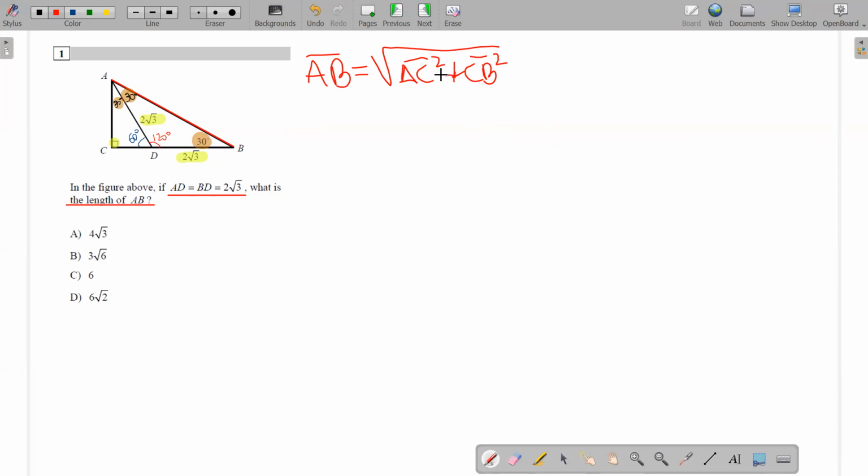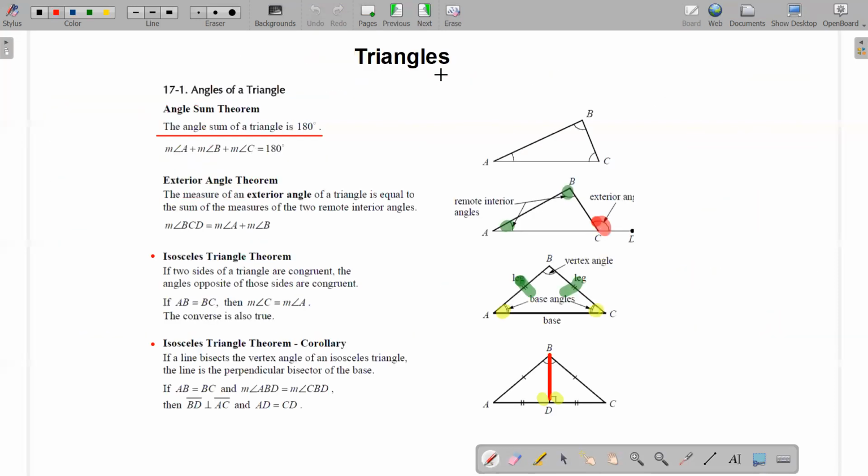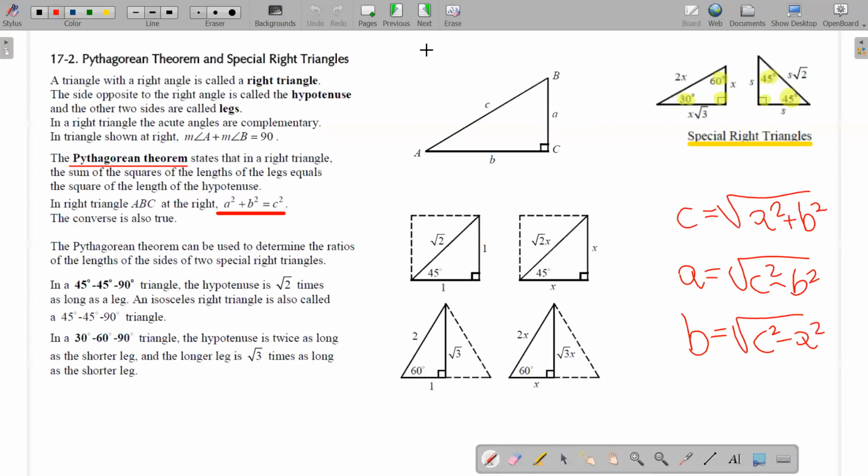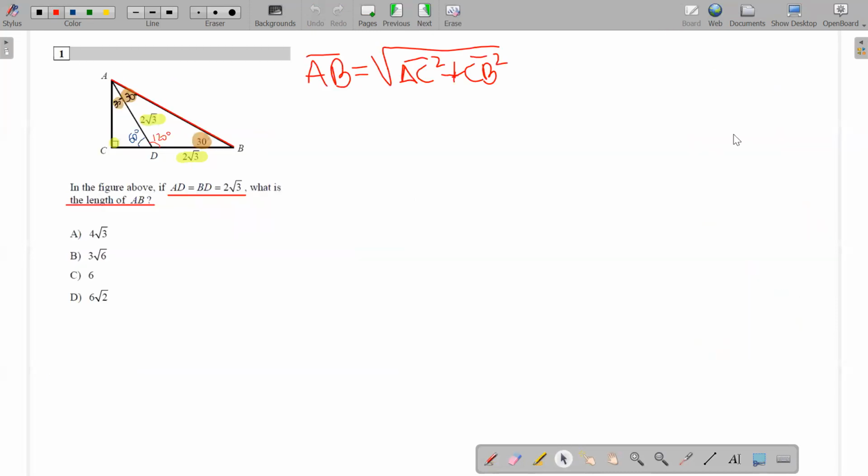To find them, we could use the special right triangle, this one right here. Let's take it and bring it here. The special right triangle can help us find all the rest of the sides. Why?